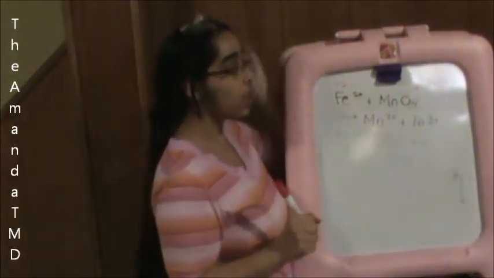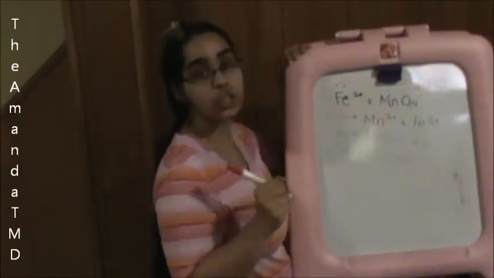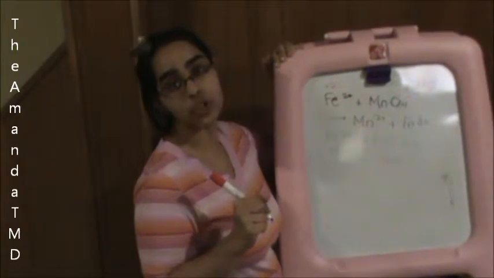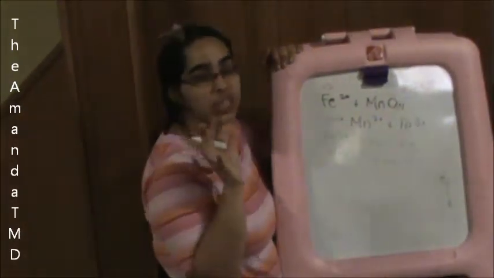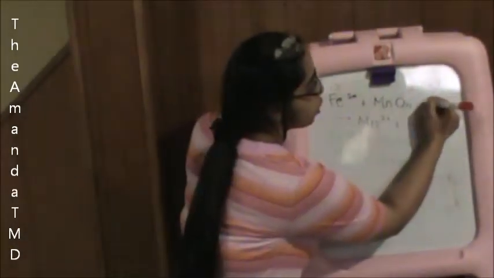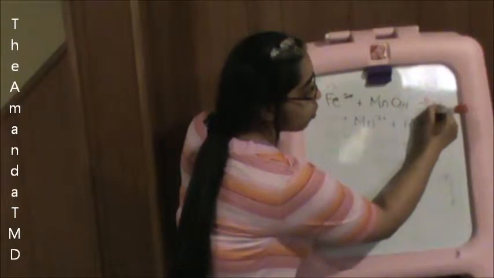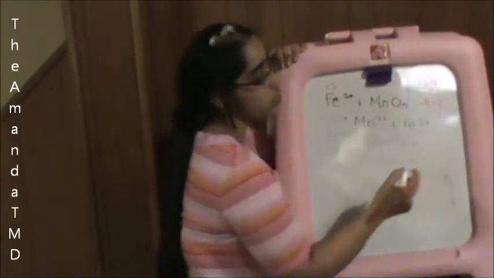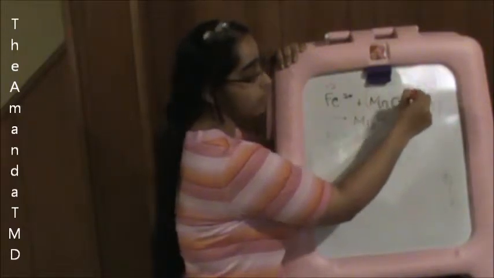Now, the way that you find out what it is for the manganese, which you clearly know will be positive because positive attracts negative, is to make a mini equation. You know that -8 plus x will give you a -1 charge, because if you look at this molecule as a whole, it has a -1 charge.